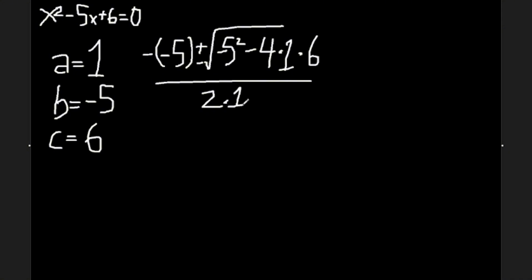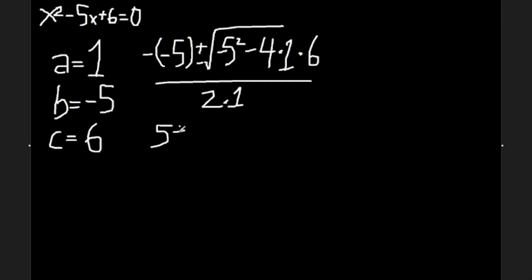Now the next step is to simplify them. You're multiplying a negative sign to negative 5, so the product will be positive 5.